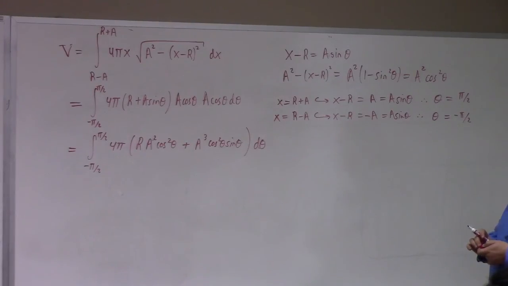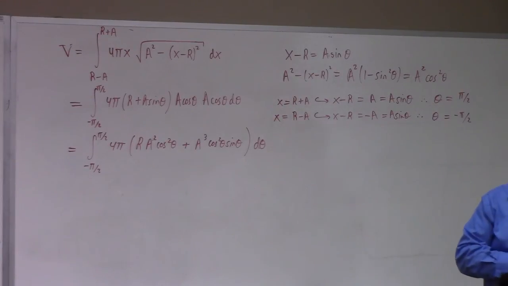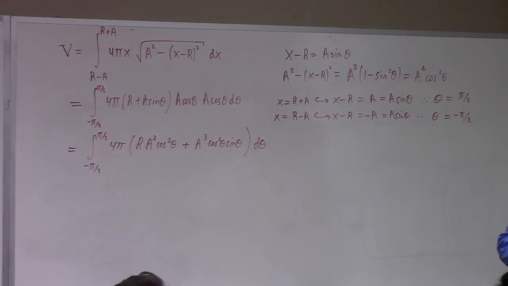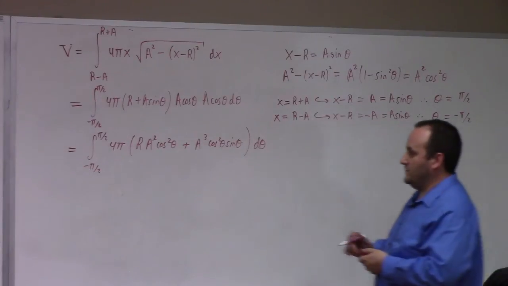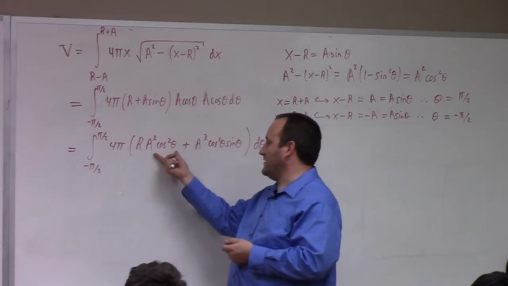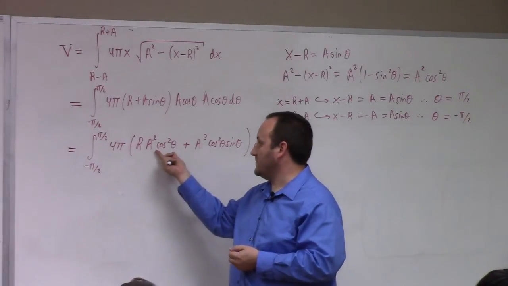Thinking about the cosine squared, that gives me a 1/2 (1 plus cosine 2 theta). That integrates to sine 2 theta, but sine 2 theta at plus or minus pi over 2 is either sine of pi or sine of minus pi, so only the 1/2 comes to anything.